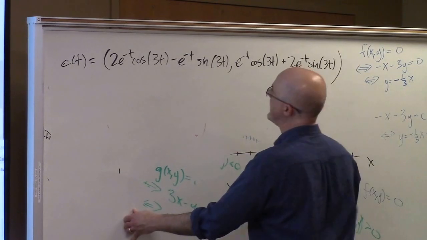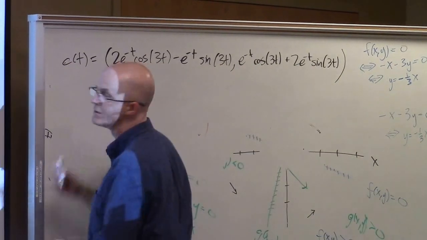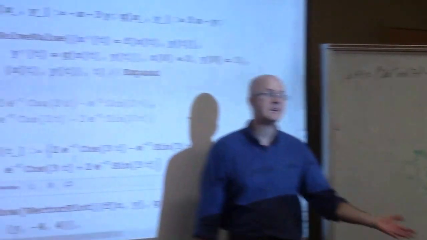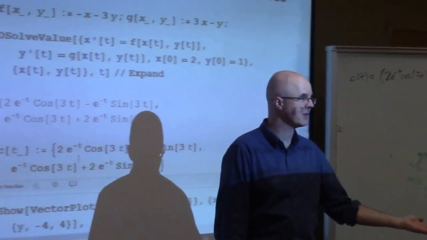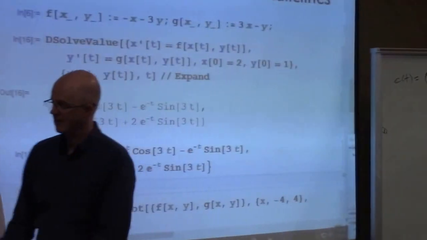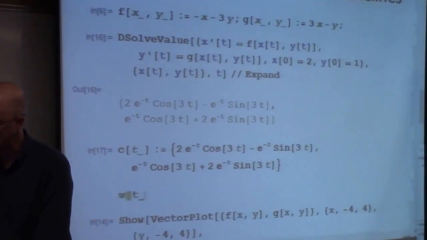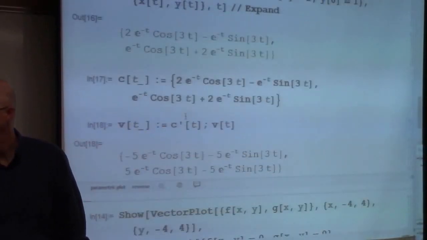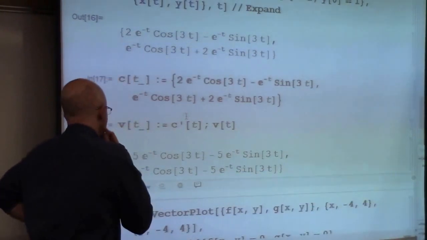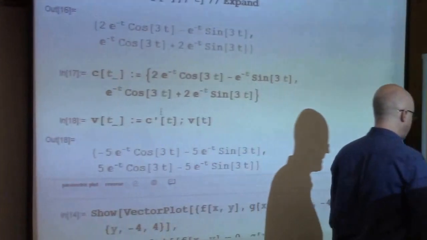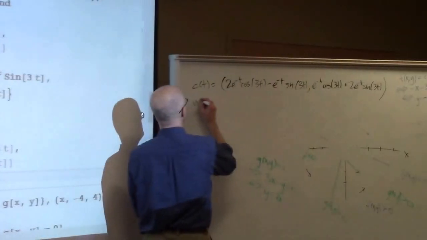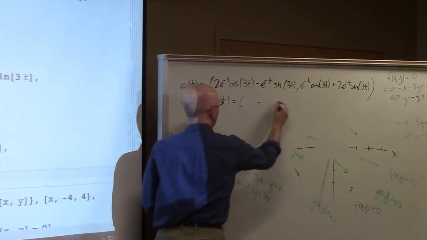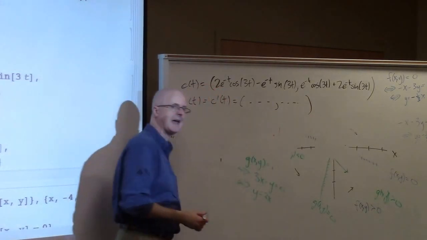So there's how you'd write it by hand. Your solution function is a parametric curve. You can differentiate it. If you do, that's called the velocity vector. I could let v of t be c prime of t, and then I could show you what v of t looks like. There it is. And I could write that out. I could write a v of t equals c prime of t, and I could write that out by hand.